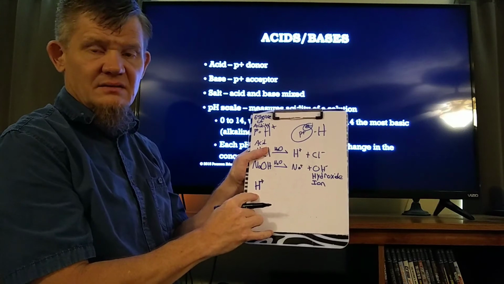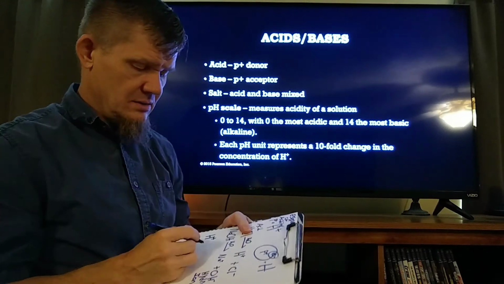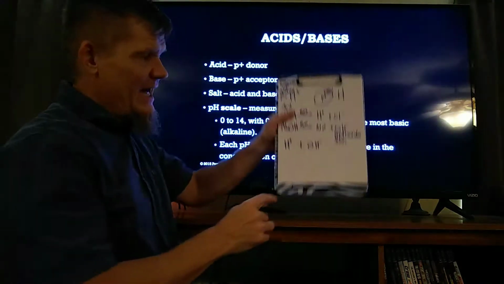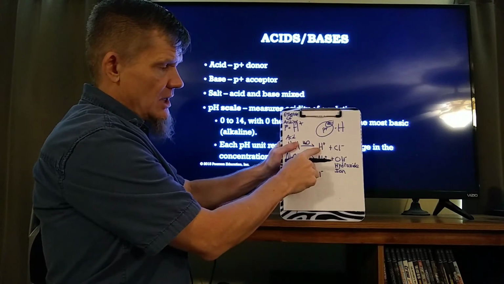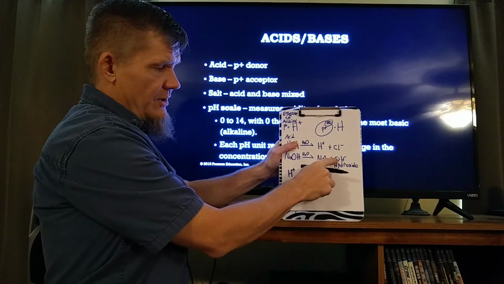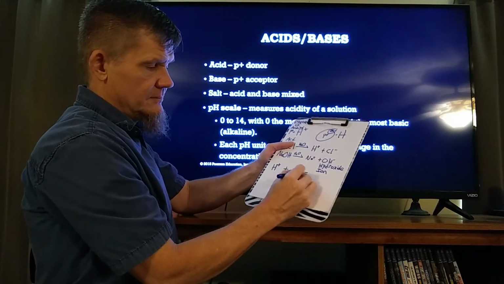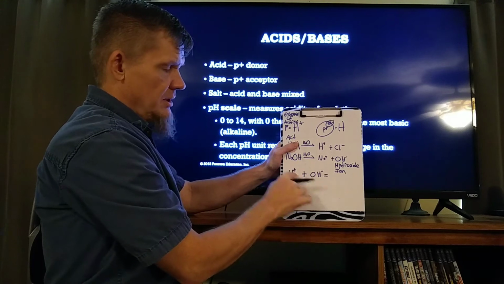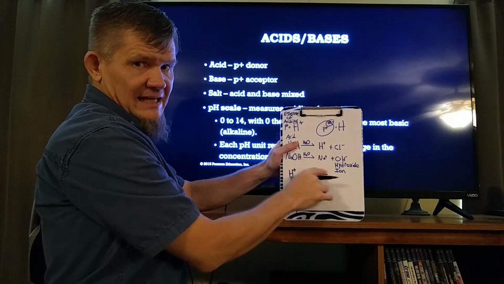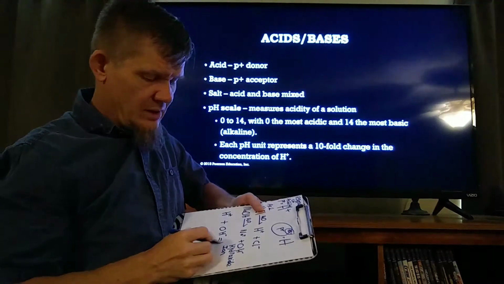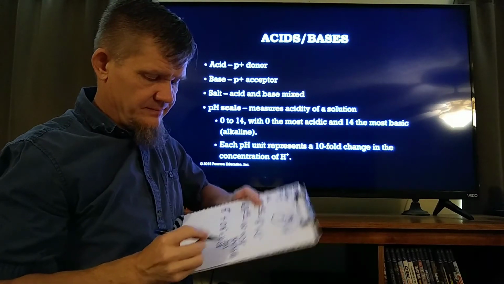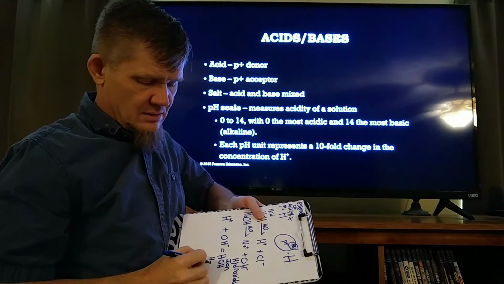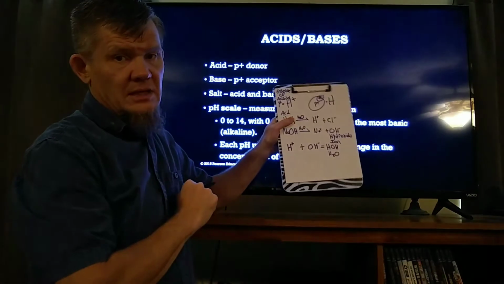What's going to happen if I add the hydrogen ion to the hydroxide ion? What do the charges do? +1 and -1 cancel. That leaves me with what? HOH, which is just H2O.